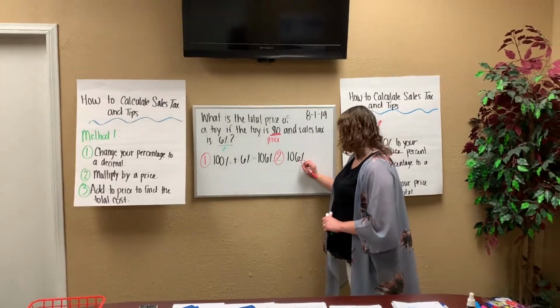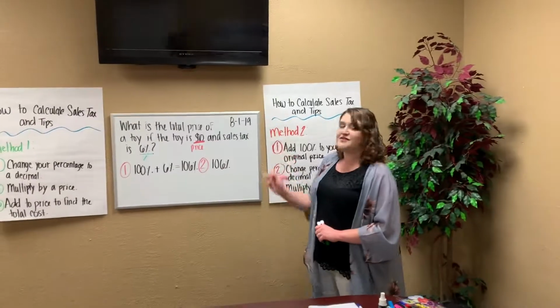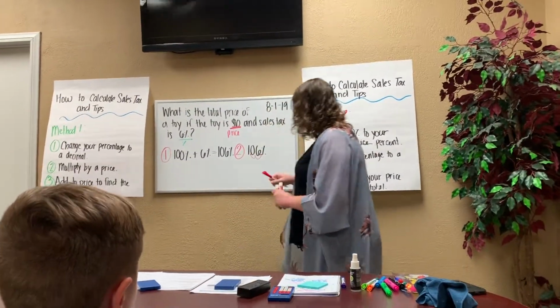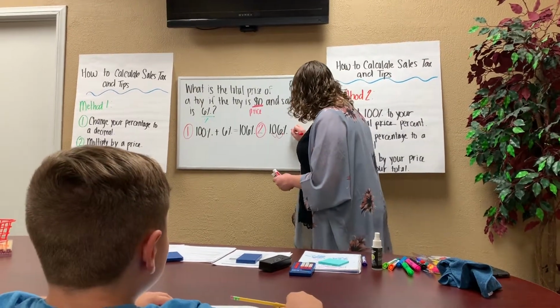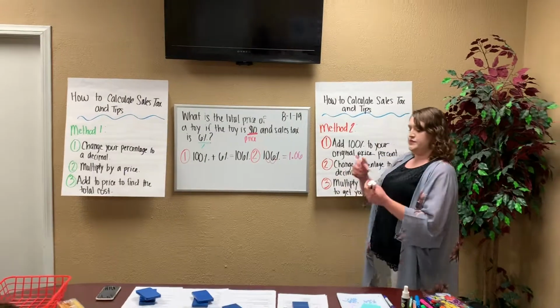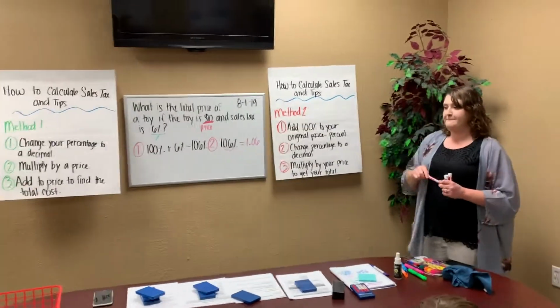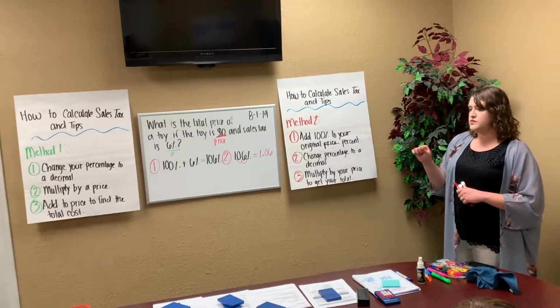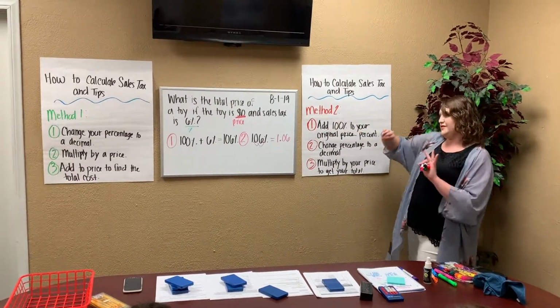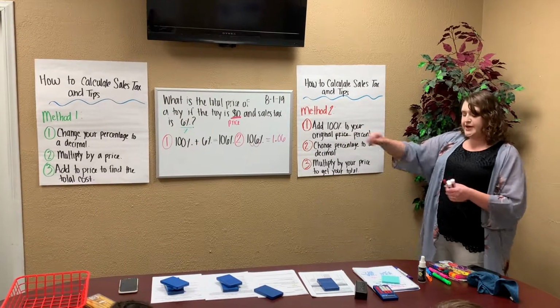I'm an adult and I still don't know sometimes. So 106%, we're going to move it twice. Once, twice, and now it becomes 1.06. Are you okay with that? If this was the price, it would be $1.06, but this is a percentage, so it's a little different.